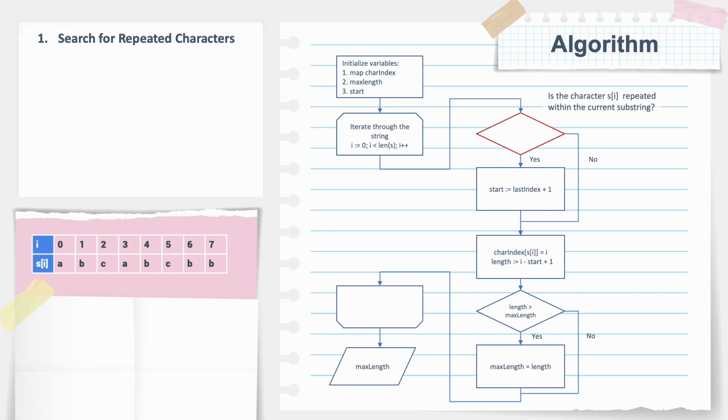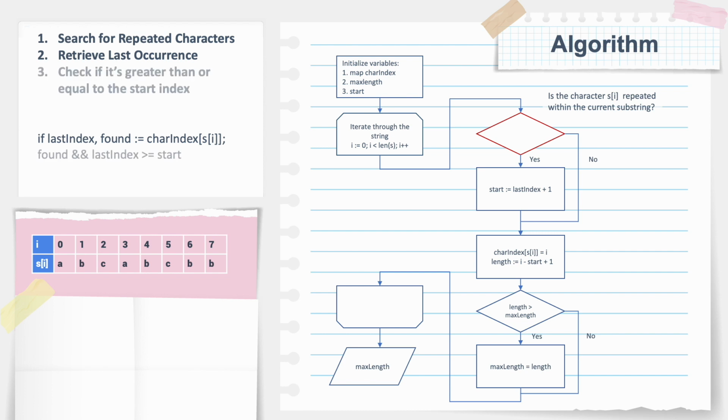Retrieve last occurrence: if the character is found within the substring, retrieve the index of its last occurrence. Check conditions: confirm that the character exists within the substring and that its last occurrence index is greater than or equal to the starting index of the current substring.